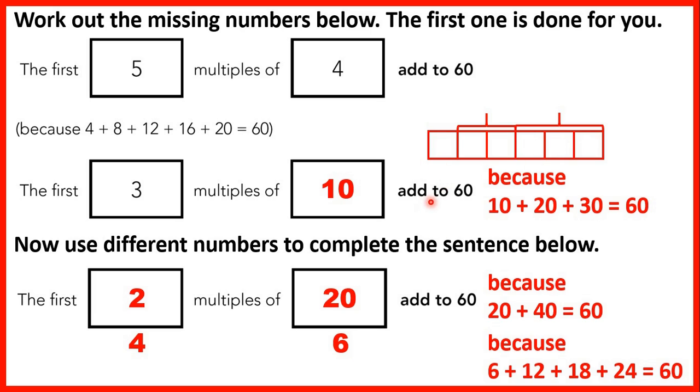All of these bars together will total 60. We have 6 bars and they need to total 60, so each bar is 10. So we have 10, then 20 because that's 2 bars, then 30 because that's 3 bars.